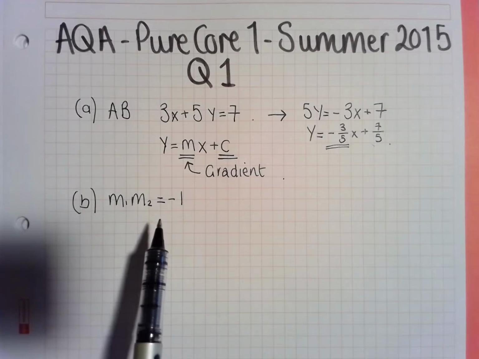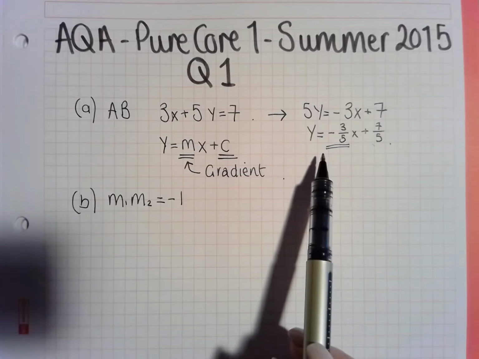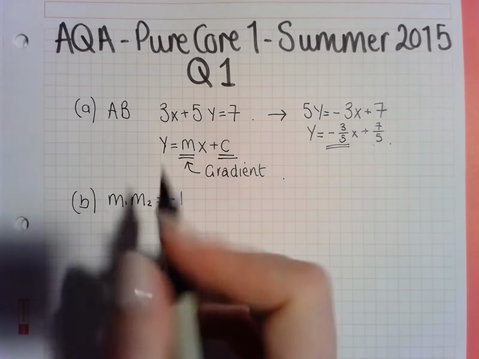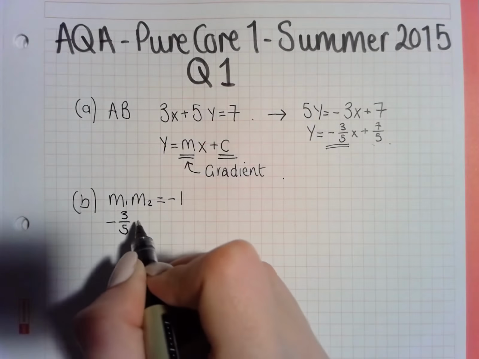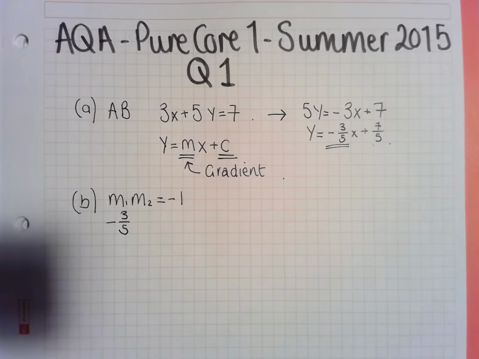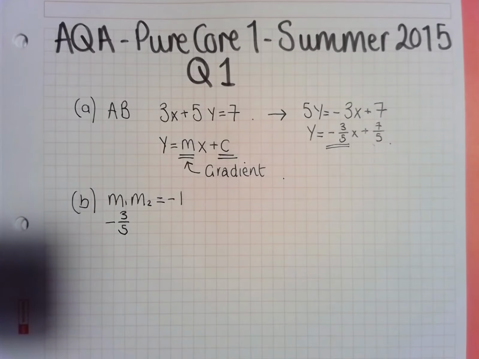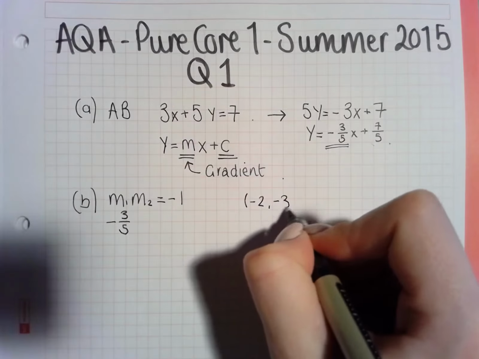So if a line is perpendicular to AB, and the gradient of AB is minus 3 over 5, then let's read the rest of the question: it passes through the point minus 2, so we've got a point minus 2, minus 3.